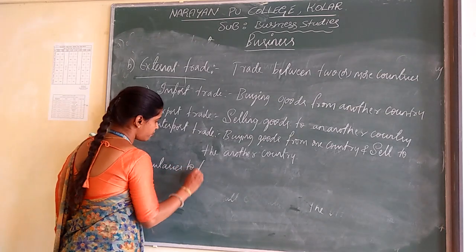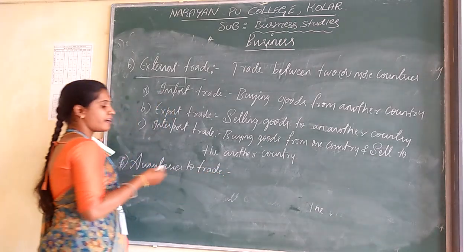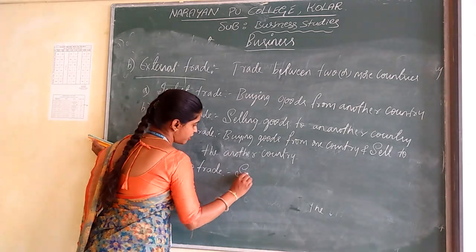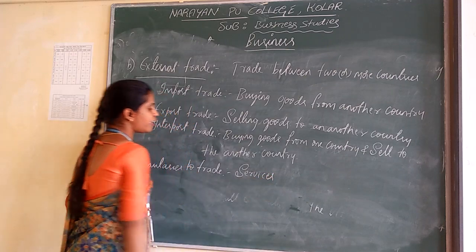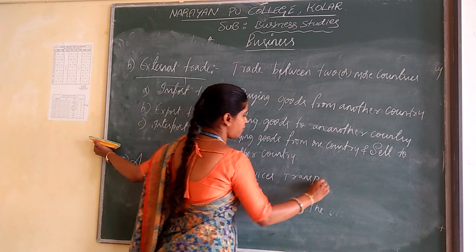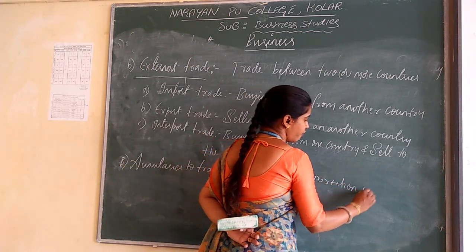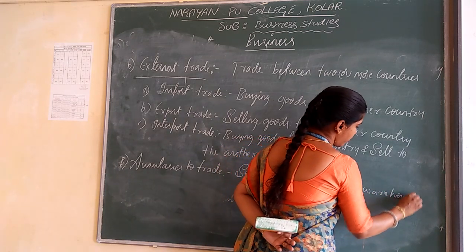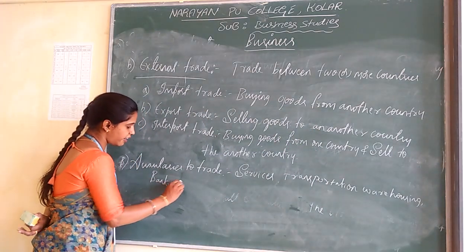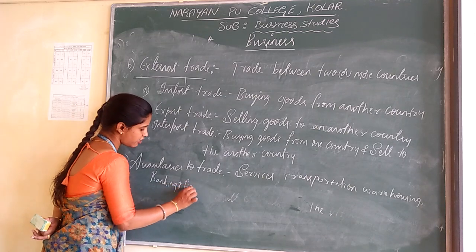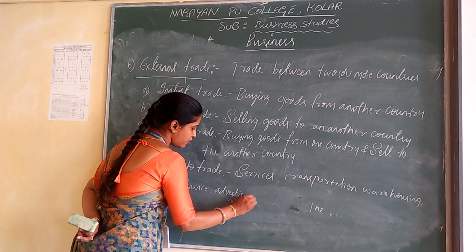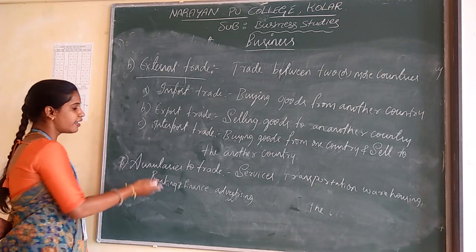So auxiliaries to trade means here they are going to provide services like transportation, warehousing, banking and finance, and advertising. So these are the services they provide as auxiliaries to trade.